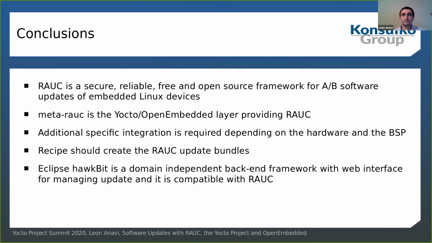Furthermore, you should have recipes to create rauc update bundles and use them to generate the new artifacts which you update either manually, as I showed you, or using something like Eclipse hawkBit. And Eclipse hawkBit is a domain-independent backend framework, which is appropriate if you want to have a web interface and manage multiple devices and multiple update bundles.